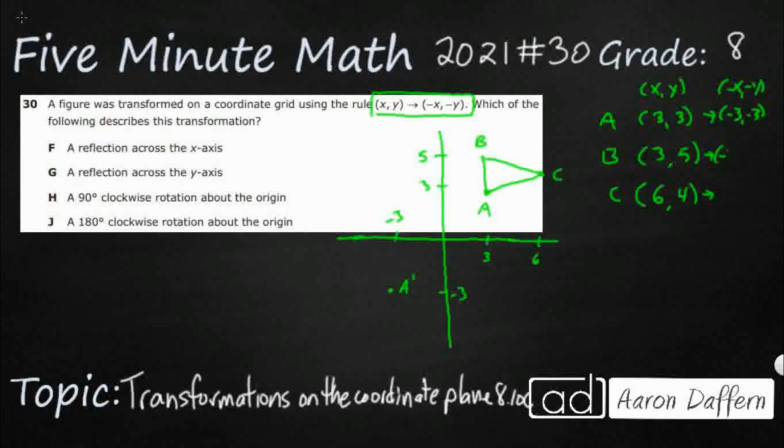Then I've got (-3, -5), same x coordinate, a little bit farther down, that's B prime. And my C prime is going to be (-6, -4), so it's out here a little bit, -6, then in between my -3 and -5. Maybe something like that.